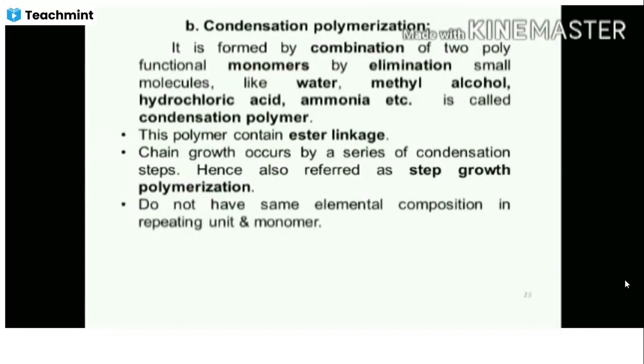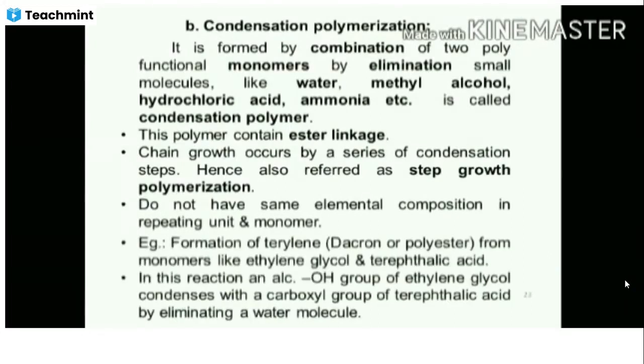Example, formation of terylene, also known as dacron or polyester, from the monomers ethylene glycol and terephthalic acid. In this reaction, an alcoholic OH hydroxyl group of ethylene glycol condenses with the carboxyl group of terephthalic acid by eliminating a water molecule.